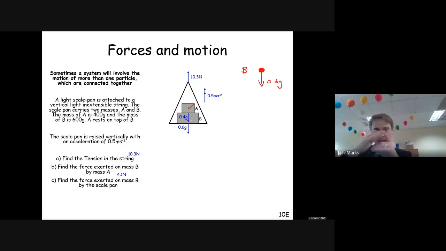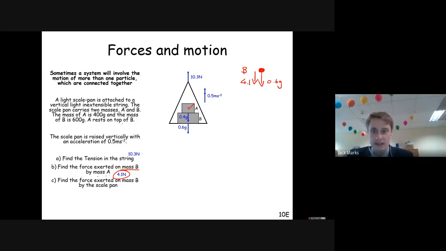Well, A is sitting on top of it, and it's pushing down on it because it's sat on top of it. In fact, we found out the force exerted on mass B by A. We want to use that one there. So there's also 4.1 down. So it has its own weight, and it also has A pressing down on it. So it has two forces there.